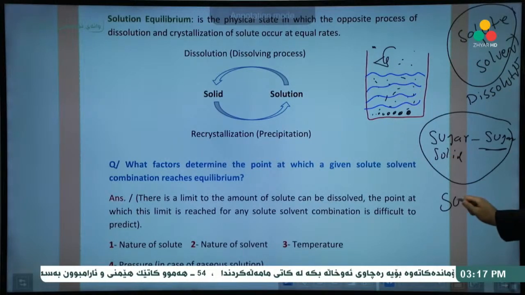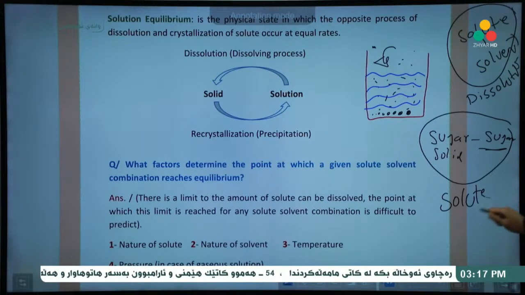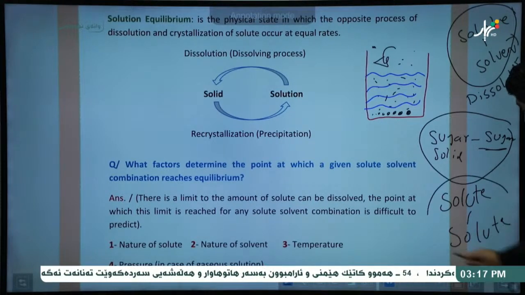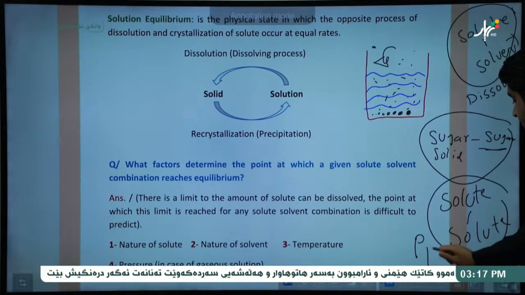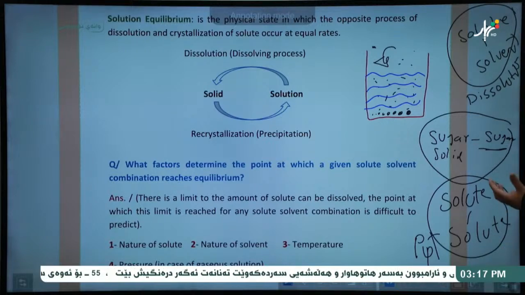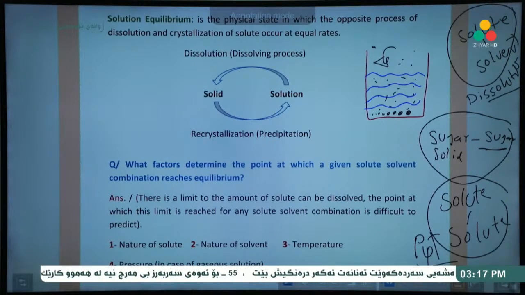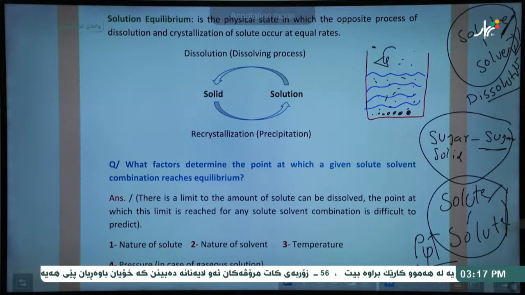That means the collision between solute and solute is the precipitation process. So we have two processes now, dissolution and precipitation. We have dissolution if a solute is exposed to a solvent. We have precipitation if a solid is exposed to a dissolved solid.